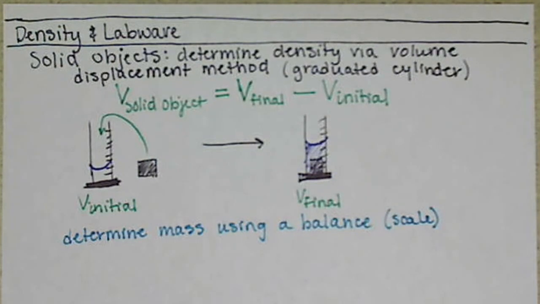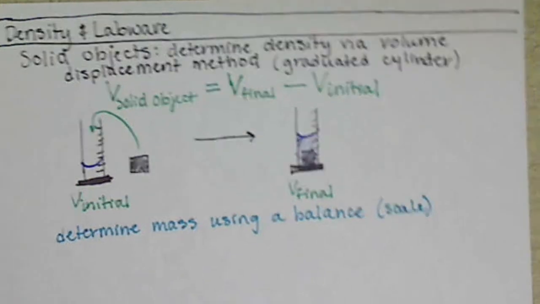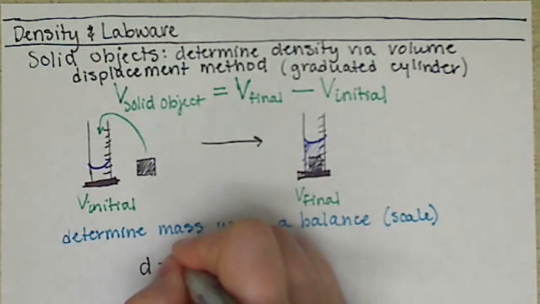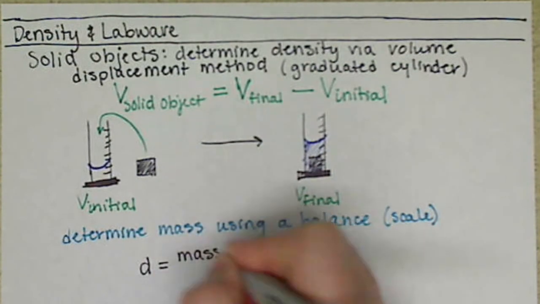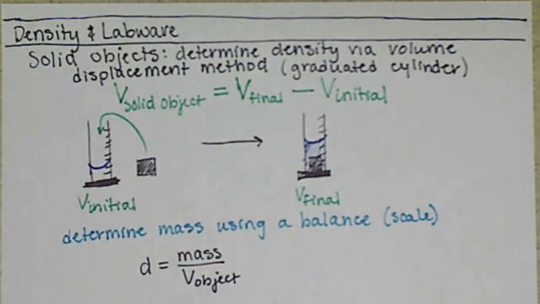Balance is like a scale. Once you have that, your density is going to be the mass of your solid object divided by the volume of your object.